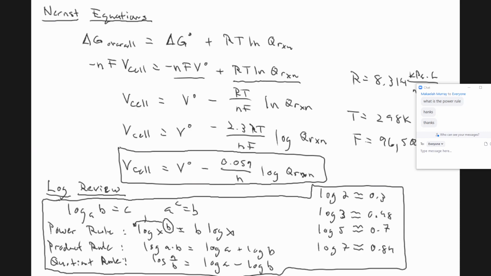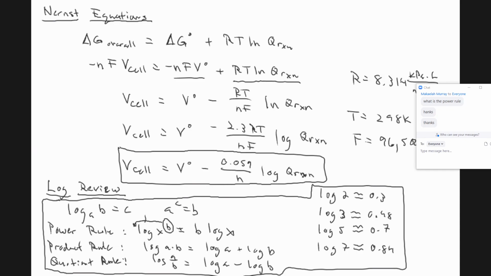You're going to use logs again when we talk about sound intensity level, and you're going to use logs in acid-base chemistry and in your titration chemistry as well, when you use Henderson-Hasselbalch with a buffer. So logs can be all over your MCAT, from acid-base chemistry to electrochemistry to sound and the Doppler effect. You're going to be using logs, okay?